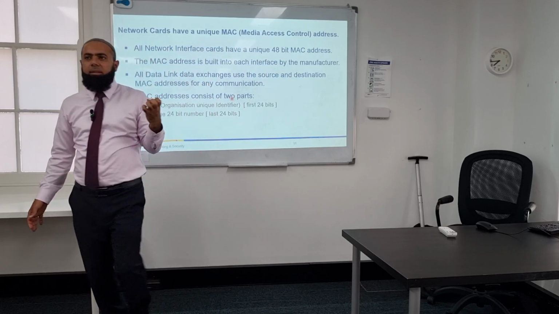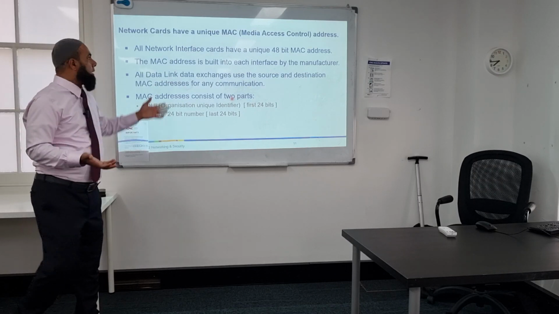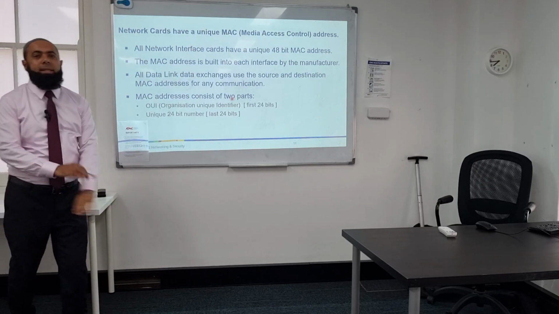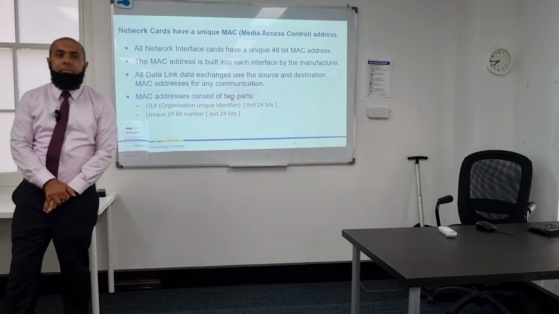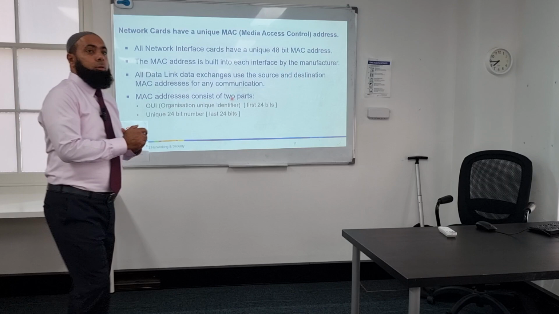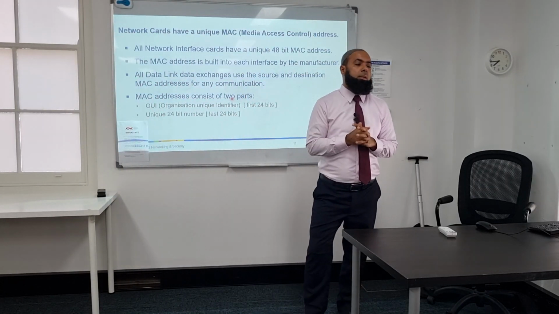So remember, what is media access control? It is giving you the access of that path, how that works. That's important. NIC cards have a unique 48-bit MAC address, the media access control address. How many bits? 48-bit, and that's unique for every single computer in the world.